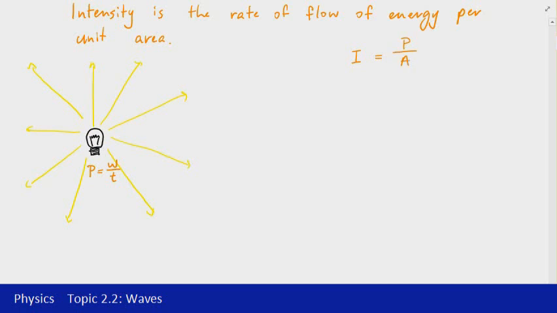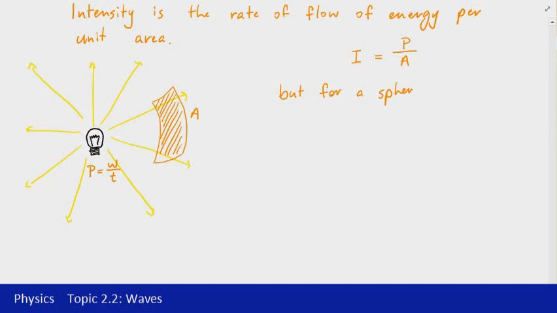Now if we consider this situation, we're going to look at an area that's some distance away from this light source, and it's going to be the area of a section of a sphere. So that is the area that we're going to consider, just representing that as a shaded surface. The area that we're really dealing with is going to be the area of a sphere.